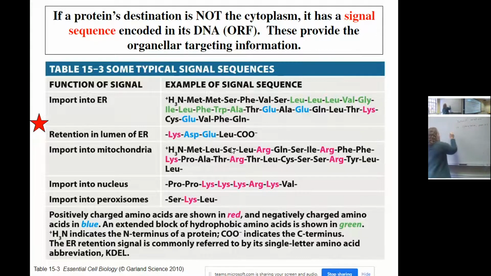Proteins that have no special signal sequence will just stay in the cytoplasm. The lack of a tag means you don't need to go anywhere special. You can just stay in the cytoplasm and do your function there.